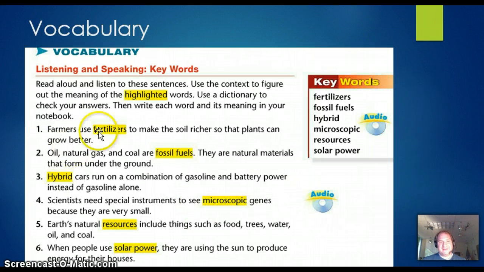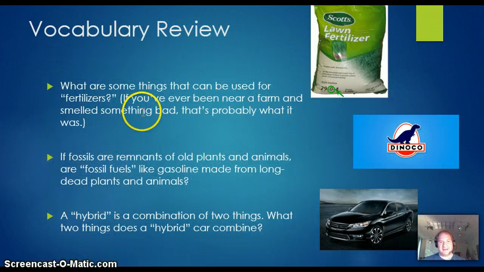We have some vocabulary words. They're in here. A quick review we'll go over. Fertilizers. If you've ever gardened or done lawn care, I do a lot of that, you use fertilizer. Fossil fuels. If you've ever seen the movie Cars, you'll notice this was what Lightning McQueen wanted to be his big sponsor. The answer for this question is yes.